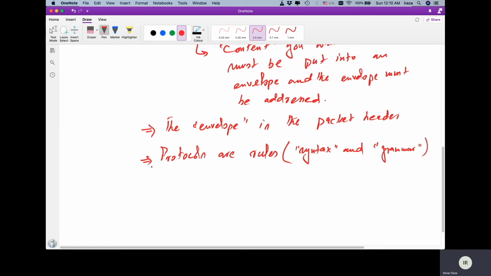In this case, the protocol governs communication between nodes.